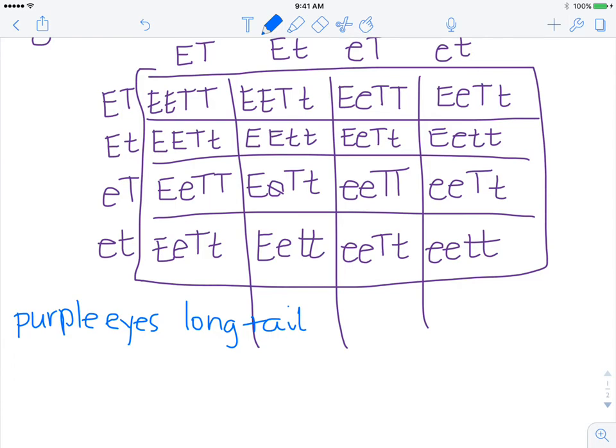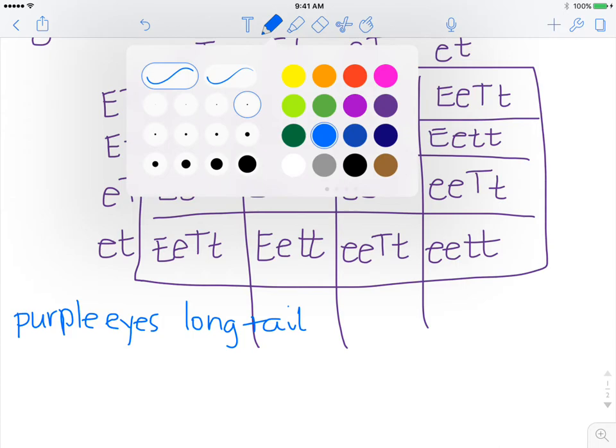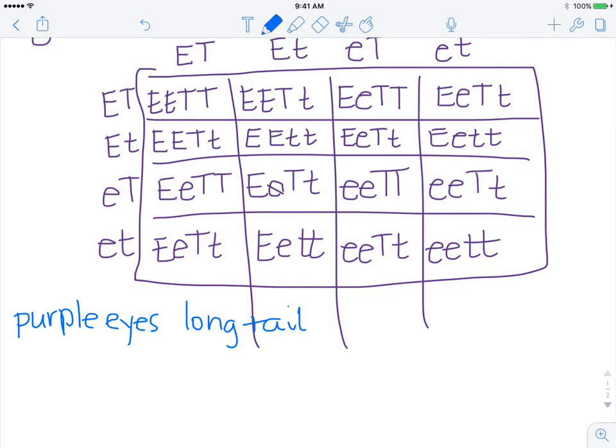I'm going to put a dot for all of the boxes that would have purple eyes and a long tail. So that's all purple eyes and a long tail. And if you count those up, we should have 9. 1, 2, 3, 4, 5, 6, 7, 8, 9.